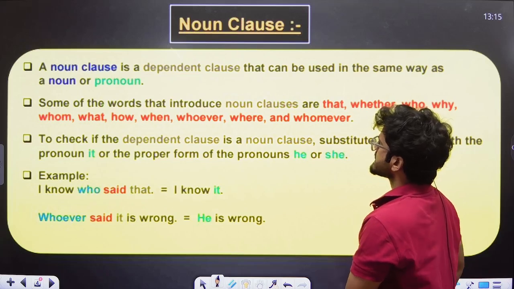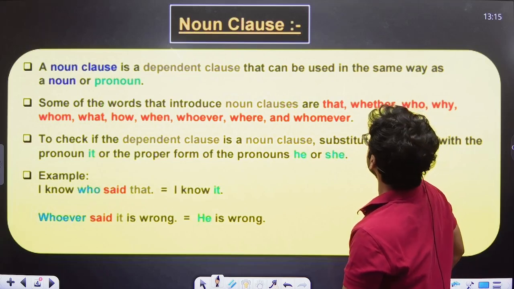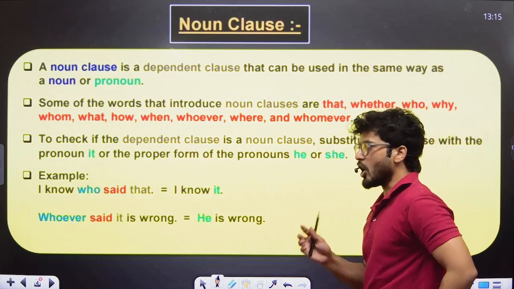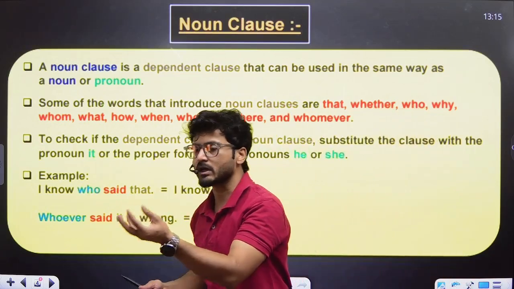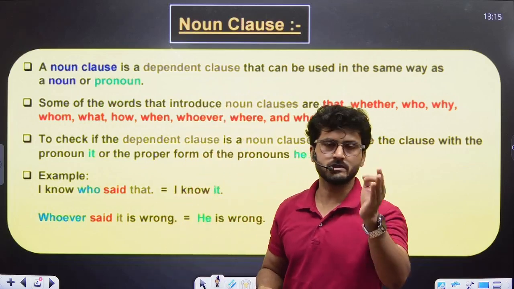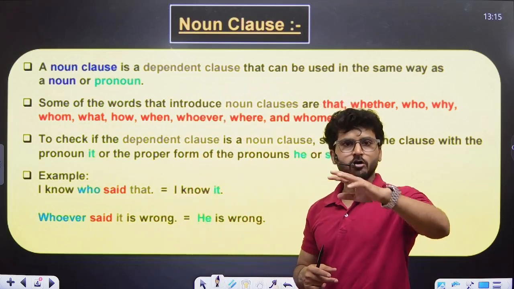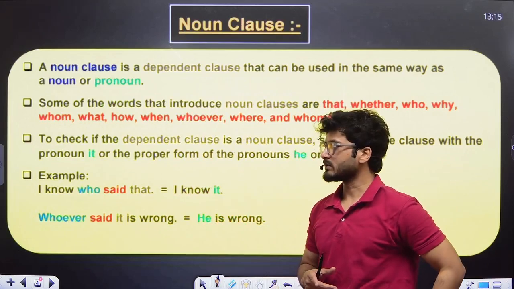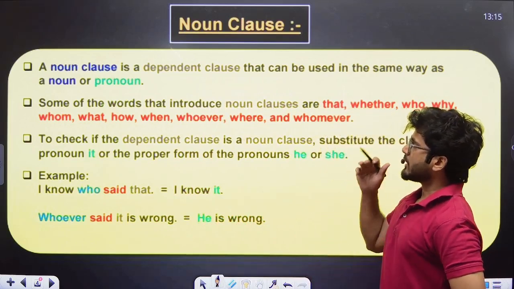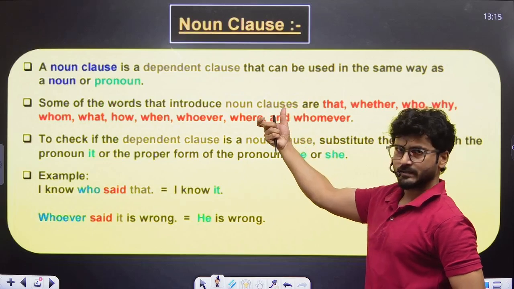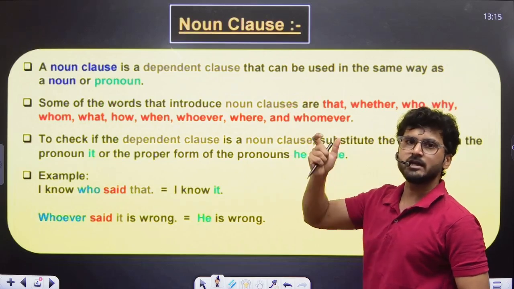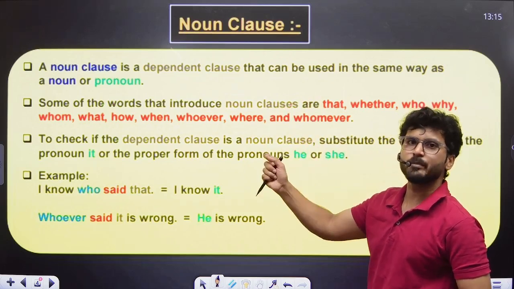A noun clause is a dependent clause that can be used in the same way as a noun or a pronoun. A noun is the name of a person, place, animal, thing. A pronoun comes in the place of a noun. So a noun clause is a dependent clause. It is not the main clause. It is the subordinate clause, the dependent clause.